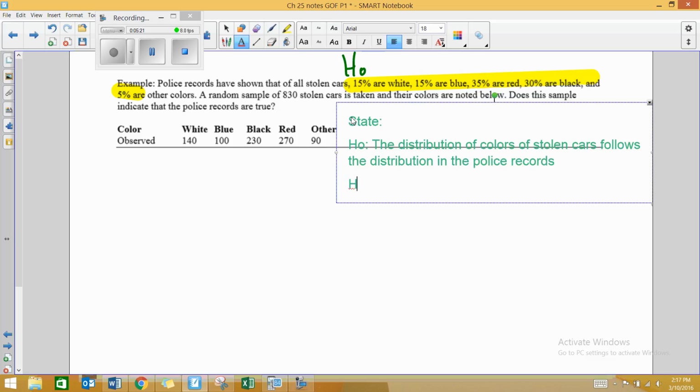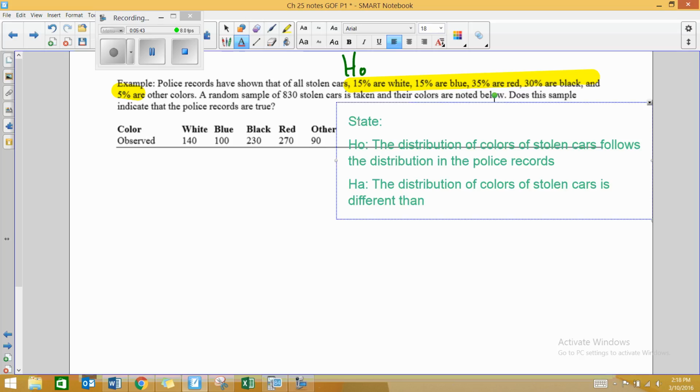Okay, well, the alternative is that it doesn't, that it follows some other distribution. So the distribution of colors of stolen cars is different than the distribution in the police records.